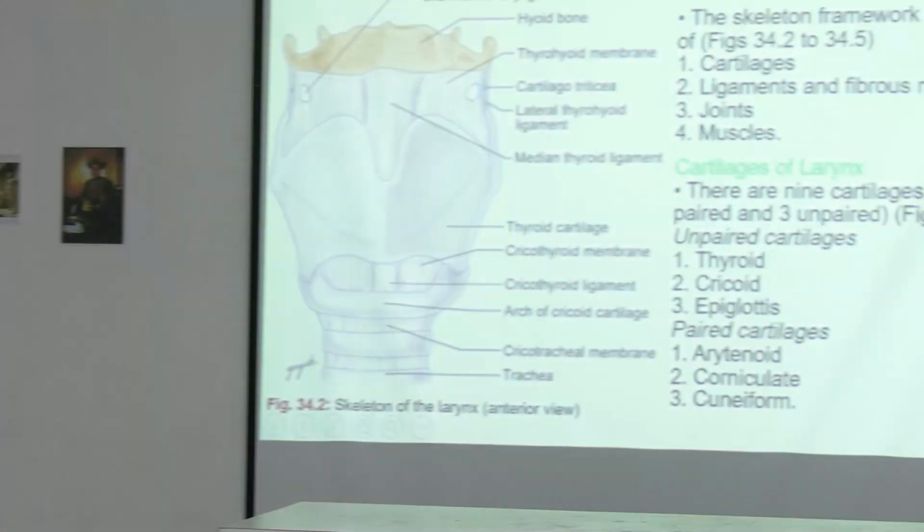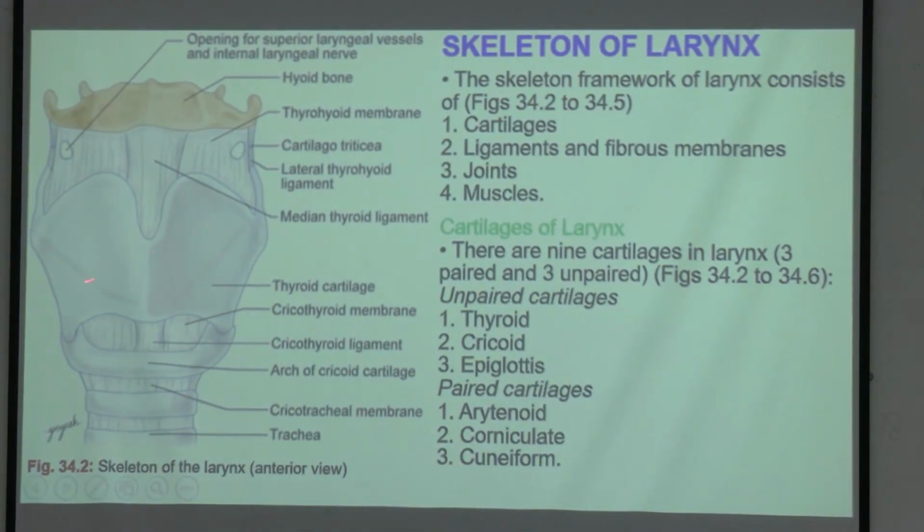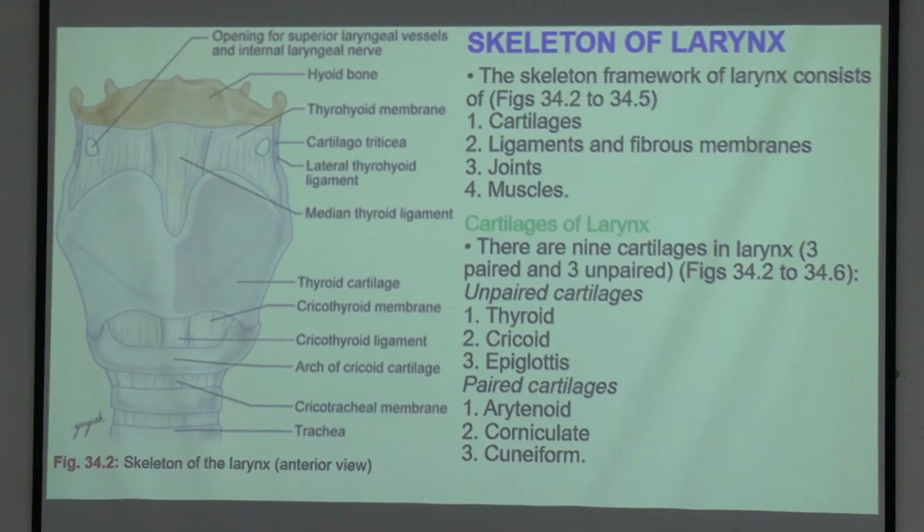So you can see this is the outline of the larynx, which has been contributed in front by this cartilage, that is the thyroid cartilage, the Adam's apple, which is prominent in males.